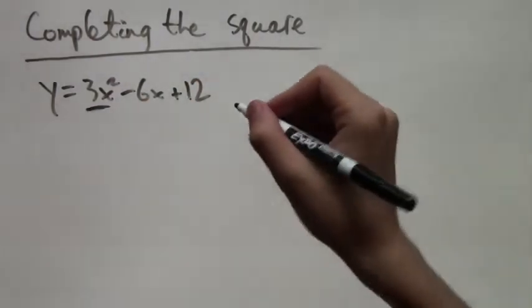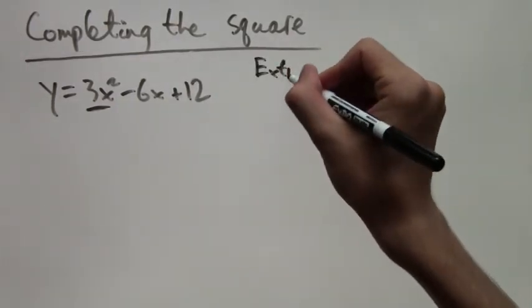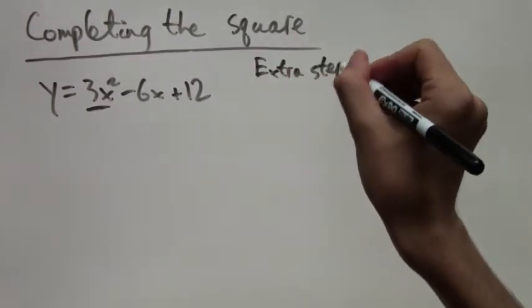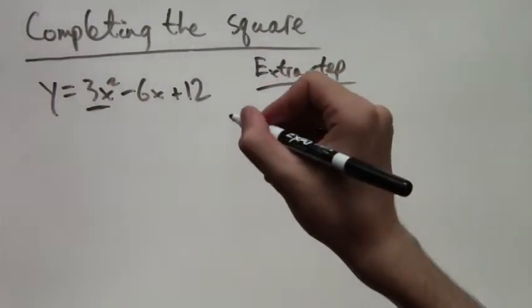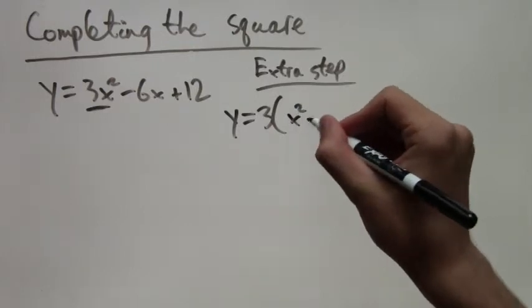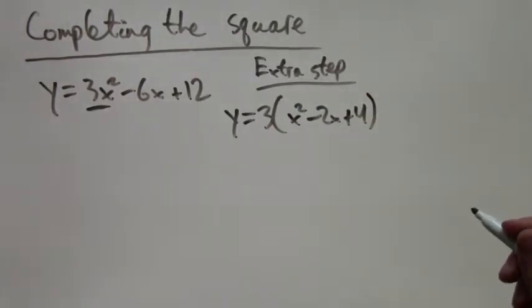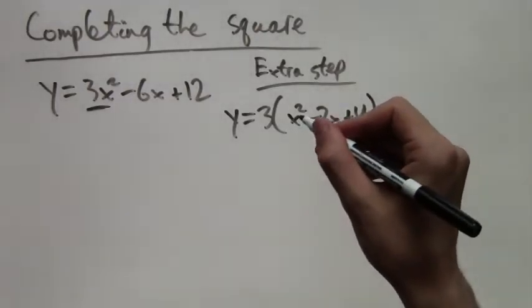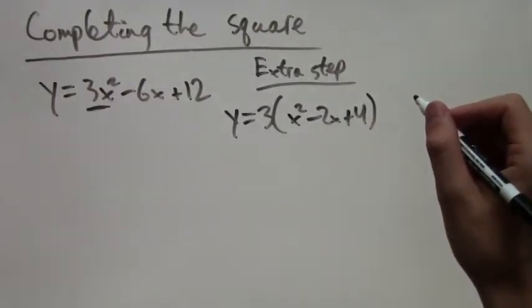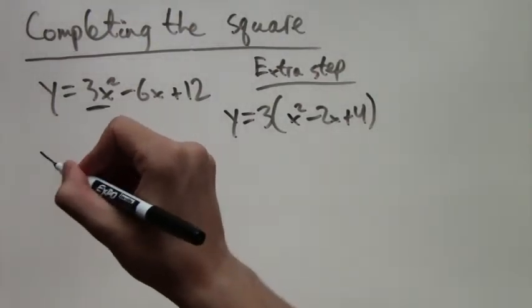The trick is that we just want to, as the extra step, before we do anything else, factor out the 3 from the equation. That is, we rewrite y equals 3 times (x squared minus 2x plus 4). If we multiply back in the 3, we will get the same equation as we started with. But on the inside, we just have x squared with nothing multiplied times it.